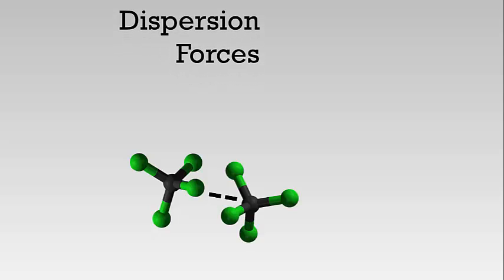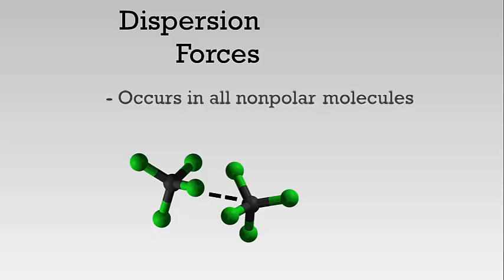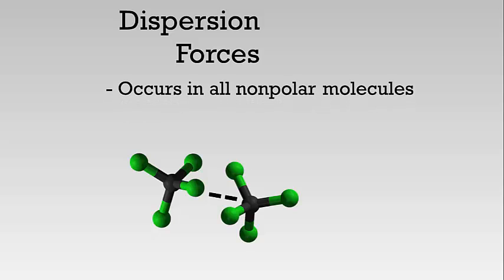So we call these attractions dispersion forces, which exist in all covalent compounds, even in nonpolar molecules. This dispersion force is due to temporary dipoles that form within the nonpolar molecule. Unlike a permanent dipole, these temporary dipoles may only exist for fractions of a second at a time.